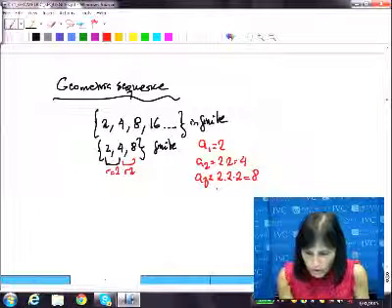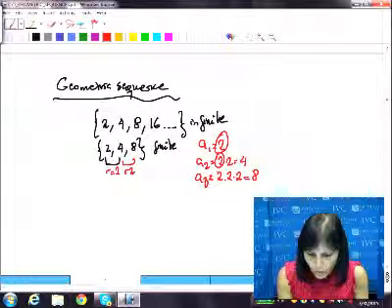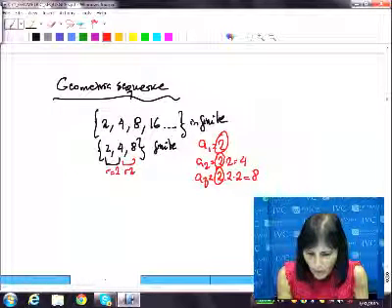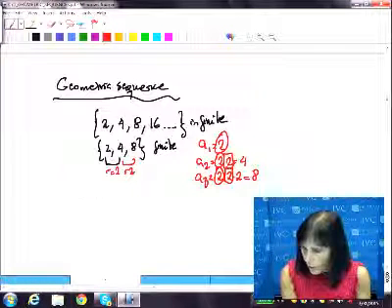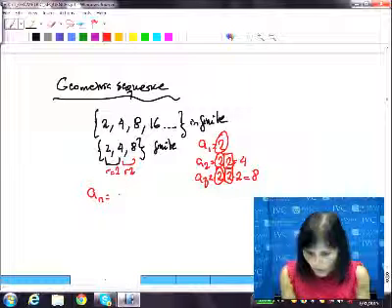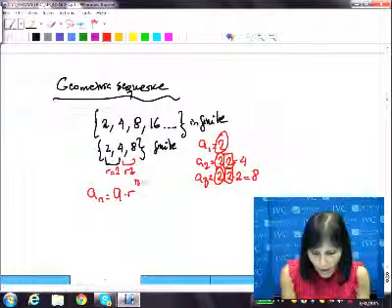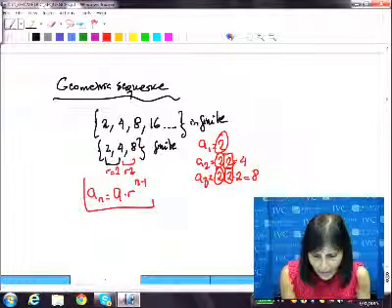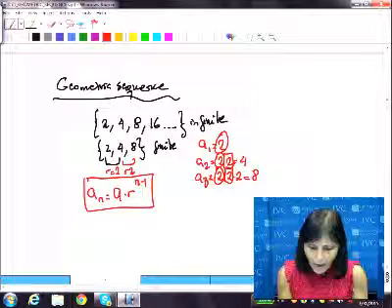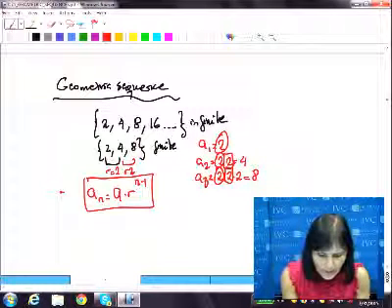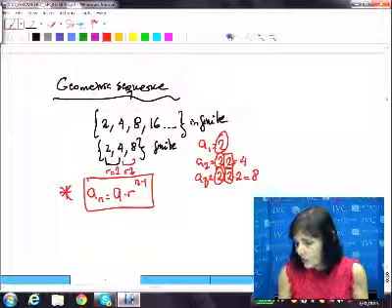So you have that 2, and you're multiplying with 1 less each time. In other words, a_n is your first term times that r we're talking about, raised to 1 less exponent. So this is the definition of a geometric sequence.